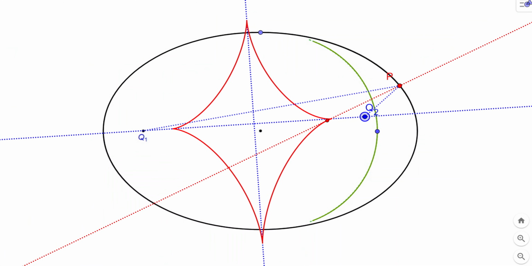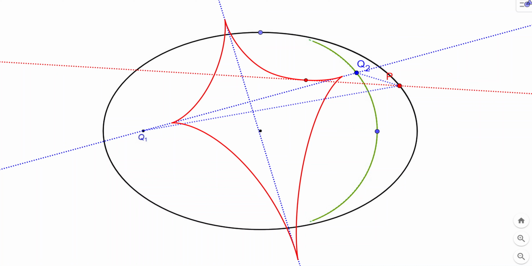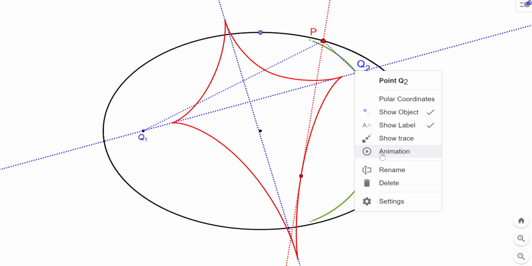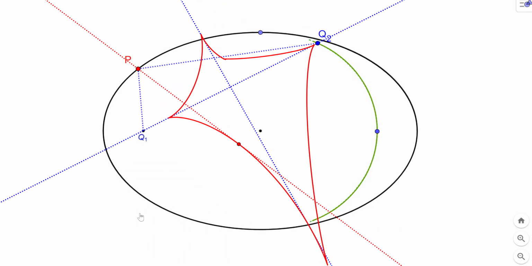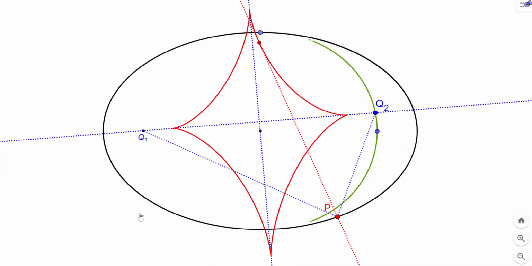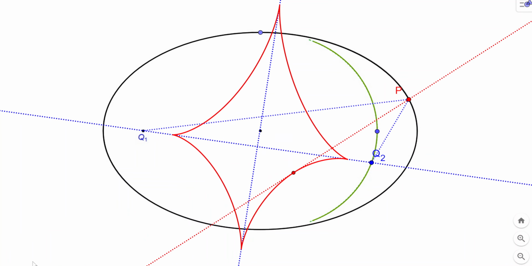So let me attach Q2 to this green curve, like so. And let's animate Q2 as well. You know, the animation of P is immaterial here.